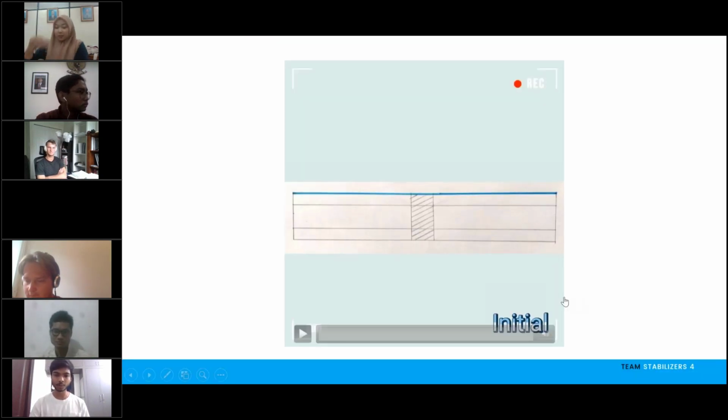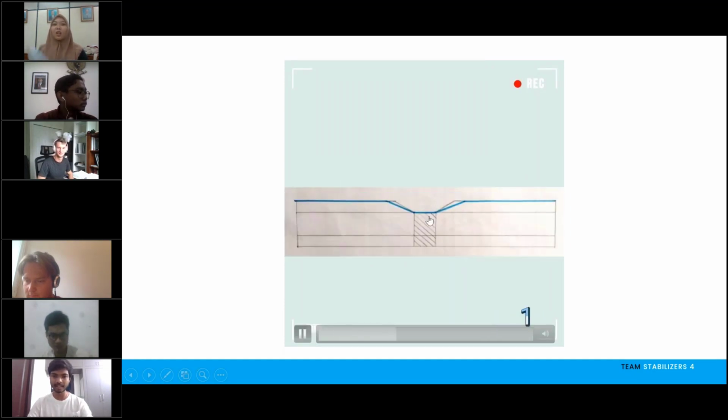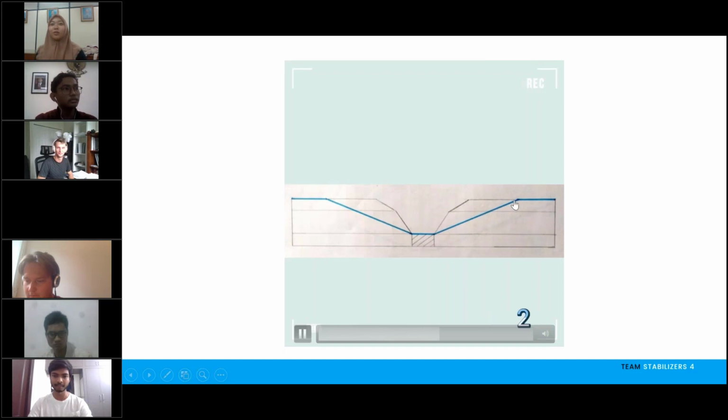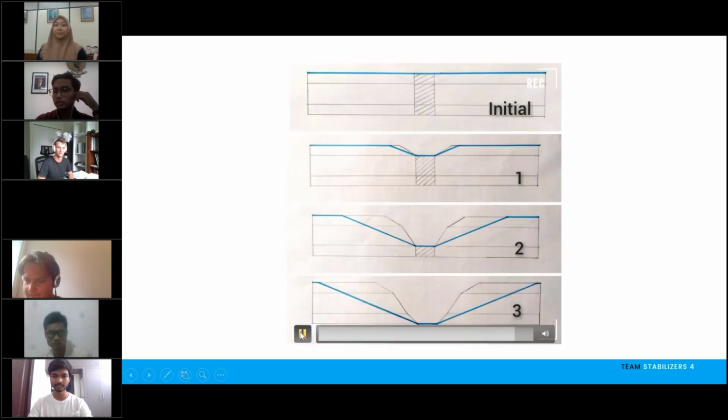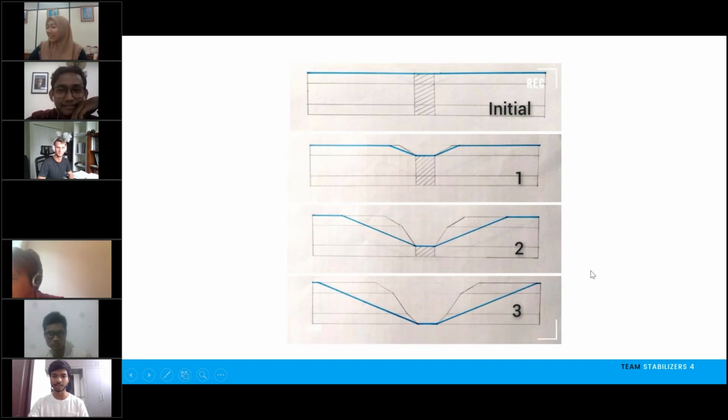There's a short video to show the movement of the phreatic surface as we excavate. It moves parallelly, maintaining the ratio of 2.5. Initially, we assume the groundwater to be at the ground surface, then maintaining the ratio of 2.5 parallelly, joining the toe, the phreatic surface moves down.